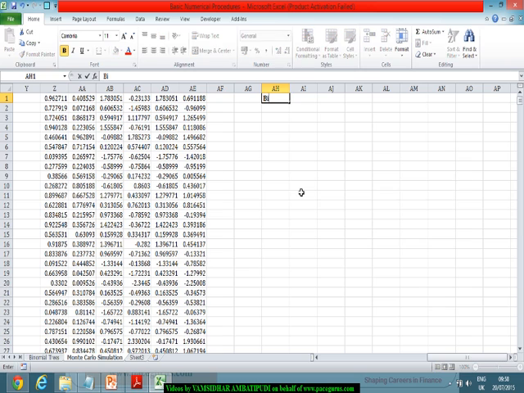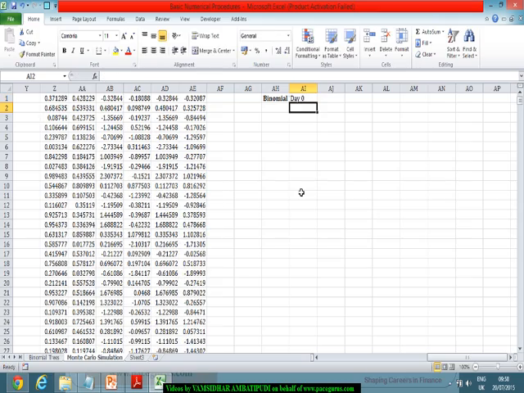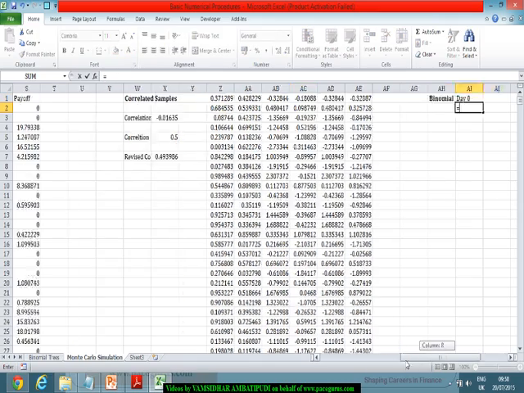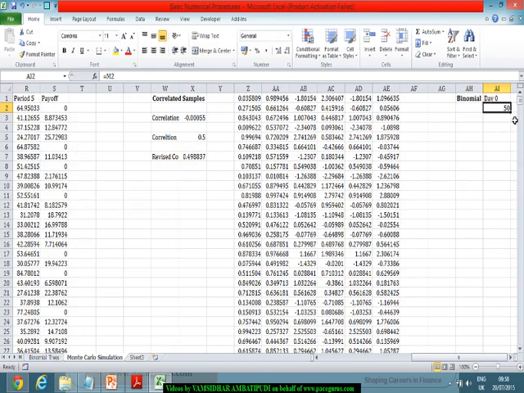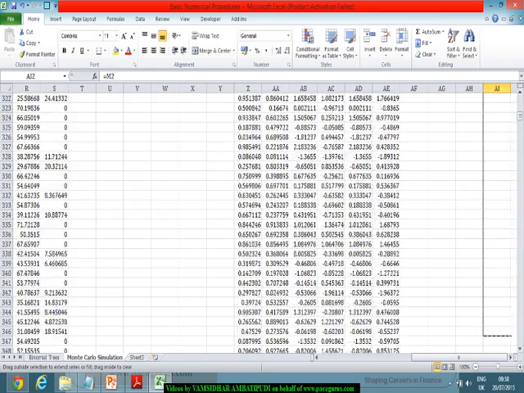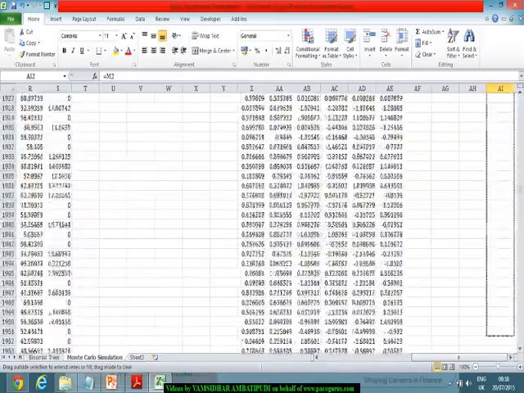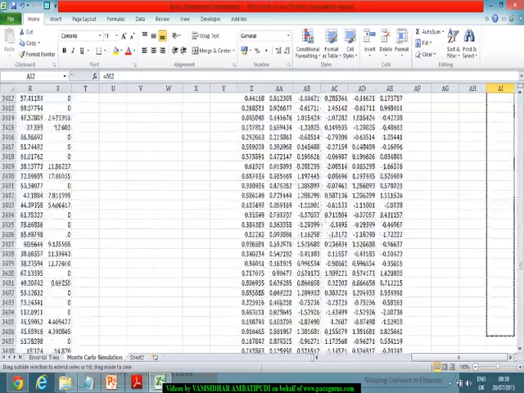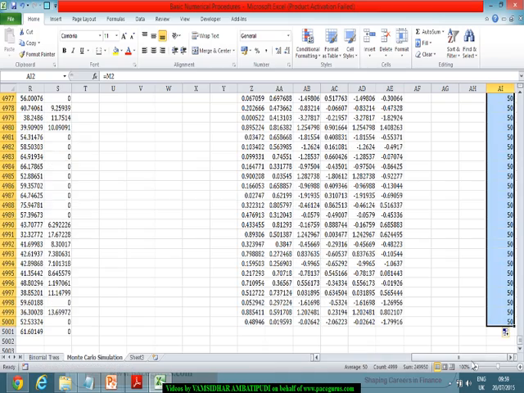So binomial tree using simulation. If I am looking at day 0, the prices are still the same, so I'll use this as the price. I'm not generating the whole value here. I'm just showing you the procedure, how we are clubbing it with the binomial tree approach.